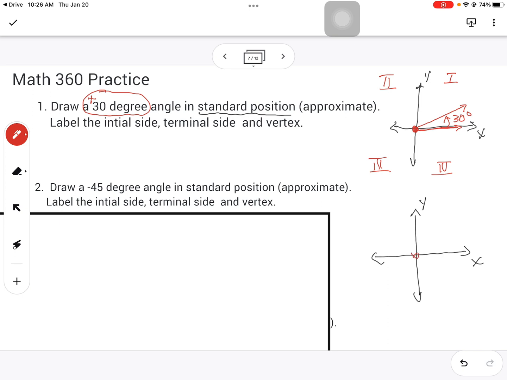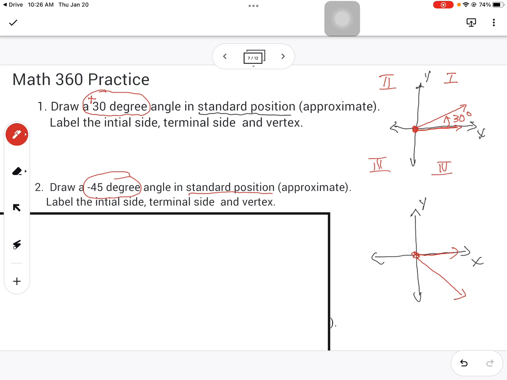That means vertex at the origin and initial side coinciding with the x-axis. So standard position. I also notice that my direction is now negative. So I'm going to go in the negative direction 45 degrees. Well, negative is down instead of up. And 45 degrees is about halfway. So that's going to be approximately in here.